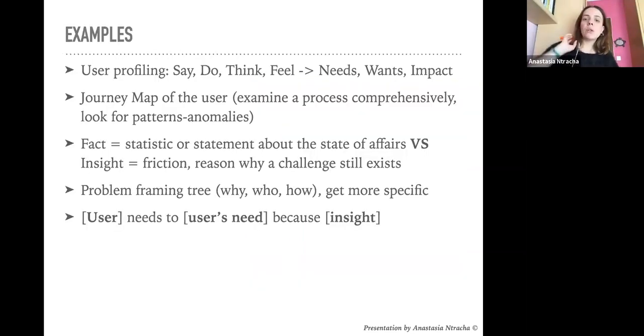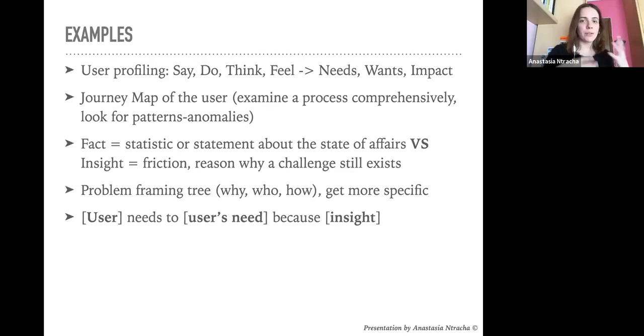And a method you can use for this process is that during the empathy phase, you have gathered all your data and observations, and you can do some user profiling. So for instance, I have one mother named Mary, and I've written down what she said, what she did, what are her actions, what she thought, how she felt, and then I also write down what I think are her needs, what are her wants.